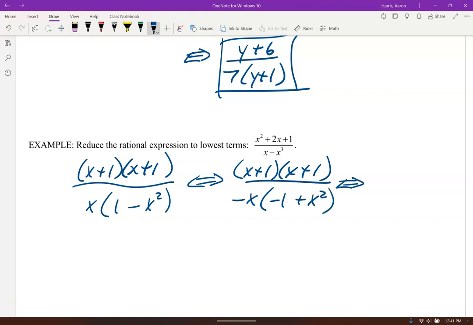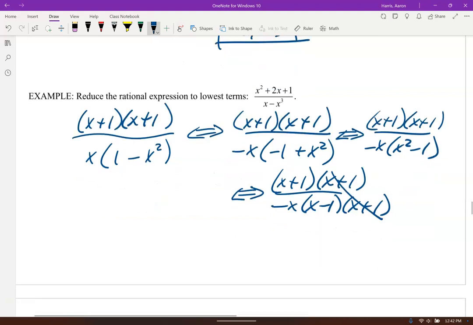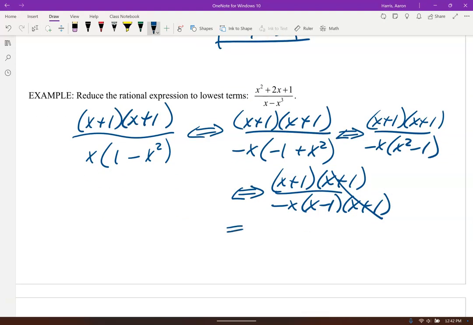In other words, x squared minus 1. I did that because I know x squared minus 1 is a difference of squares. It factors into x minus 1, x plus 1. So one of these x plus 1's will now cancel, and I'm left with x plus 1 on the top, a negative x on the bottom, and x minus 1.